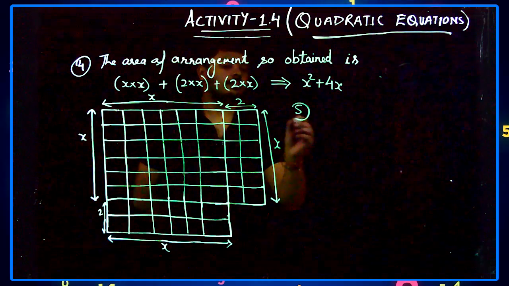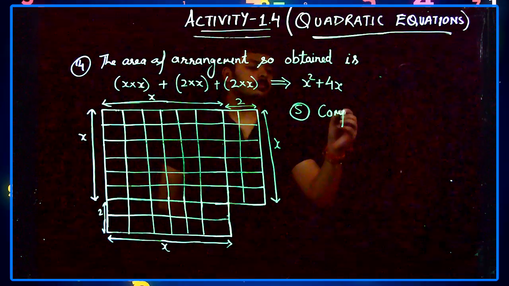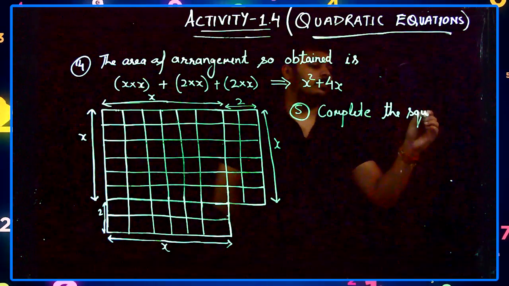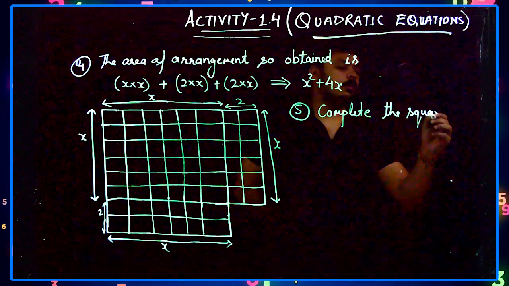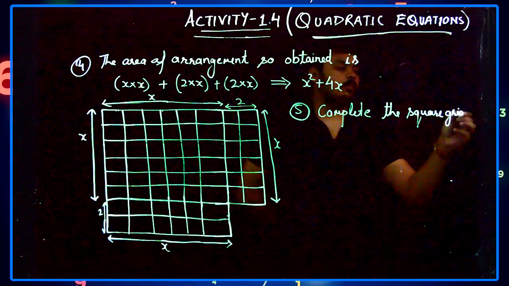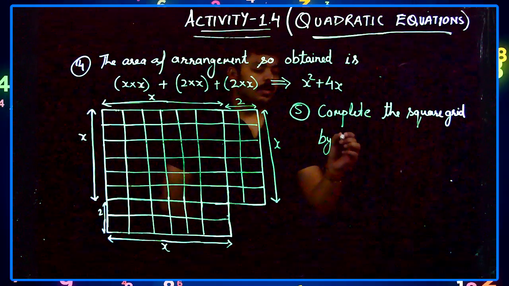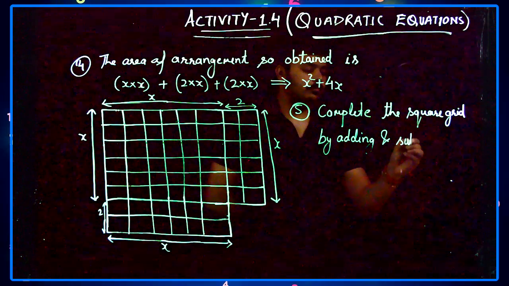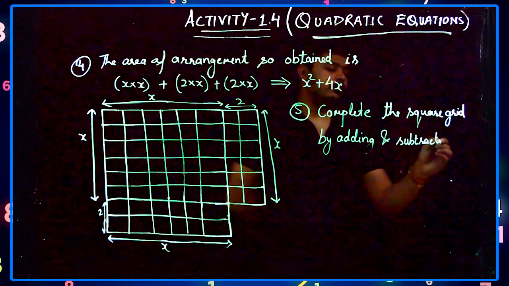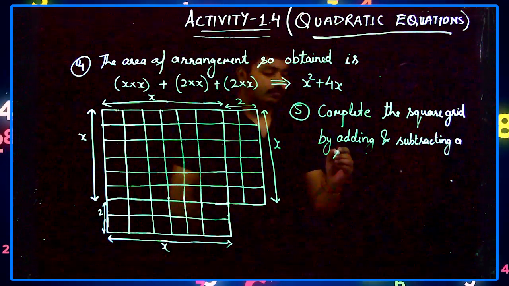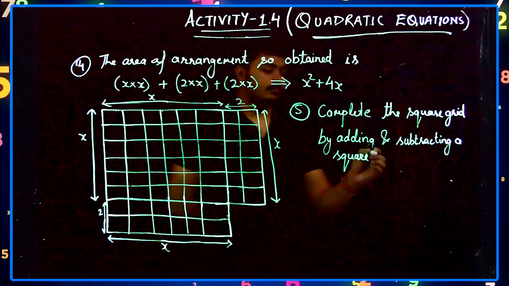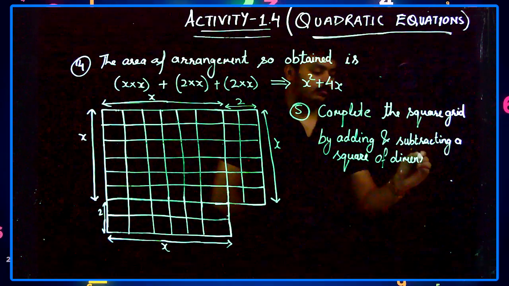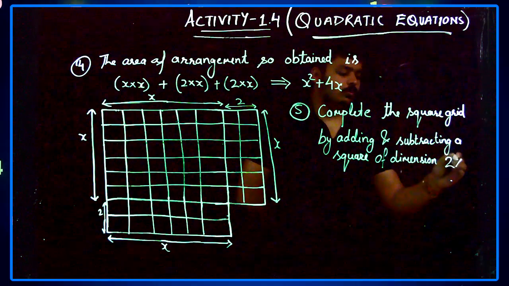Now step 5. Complete the square grid by adding and subtracting a square of dimension 2 into 2.